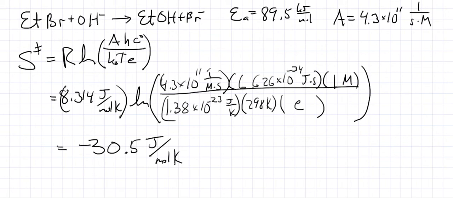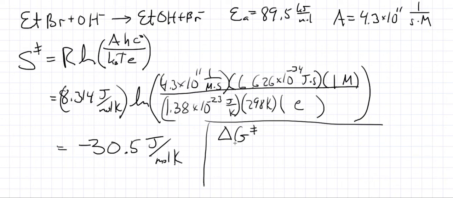So to summarize, we saw that delta G double dagger for this SN2 reaction was 96 kilojoules per mole. Delta H double dagger, the enthalpy cost, was a little bit lower. It's 89.5 kilojoules per mole. Oh, actually, it wasn't 89.5, it was 87, wasn't it? Kilojoules per mole.